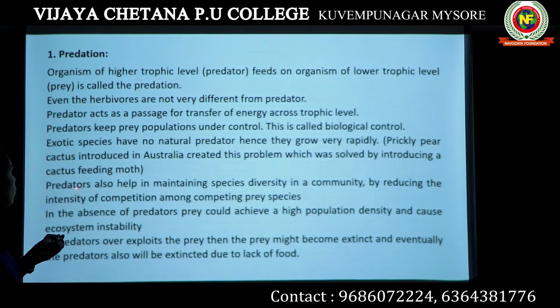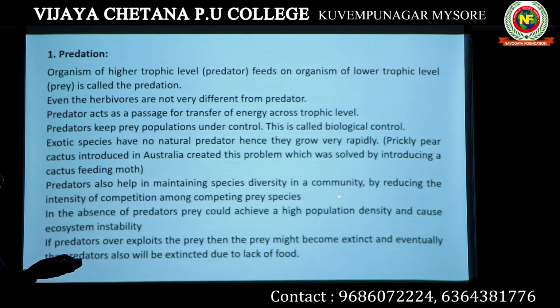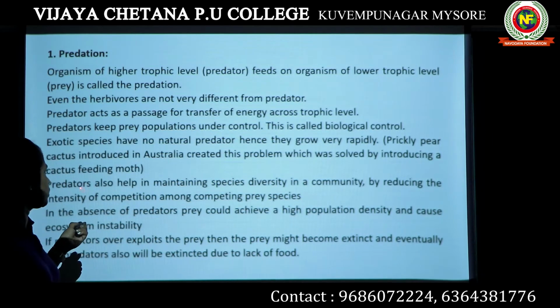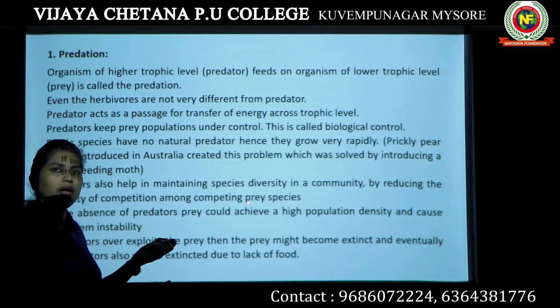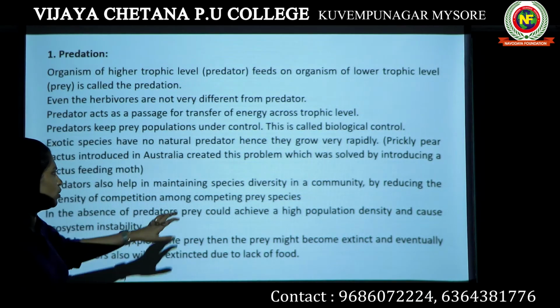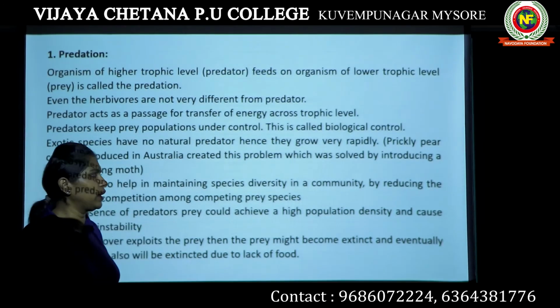Now, predators also help in maintaining species diversity in a community by reducing the intensity of competition among competing prey species. In order to maintain species diversity, predation is very important. How?